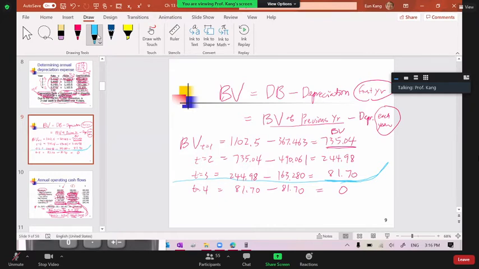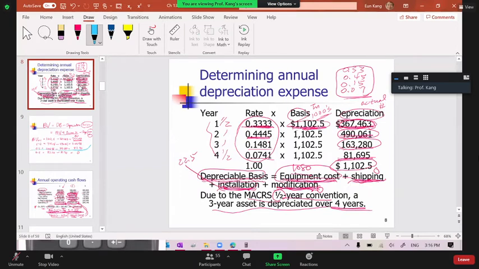Or you can do it using percentages. Like this one is 0.3333. So 1 minus 0.3333 is 0.6667, right?